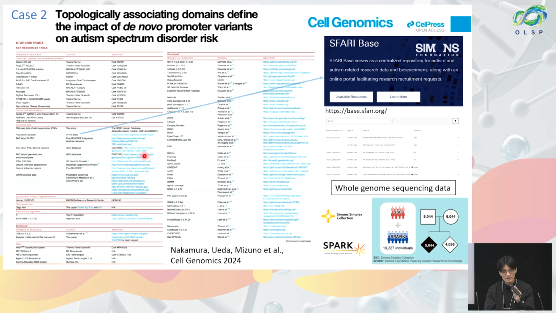And among them, we specifically analyzed the data that can be obtained through SFARI Base maintained by Simons Foundation. And this SFARI Base serves as a centralized repository for autism and autism-related research data and biospecimens, along with an online portal facilitating research recruitment requests.